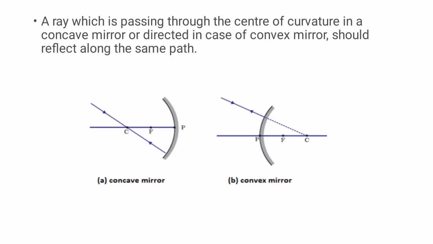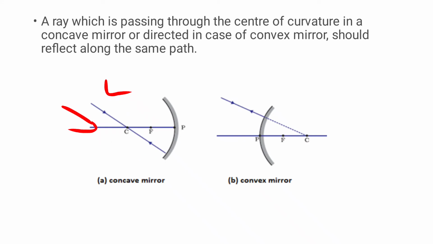Okay, now third, a ray which is passing through the center of curvature in a concave mirror or directed toward it in case of convex mirror should reflect along the same path. Like you can see here, the incident ray is coming in this direction, and again it is reflected back in the same direction.